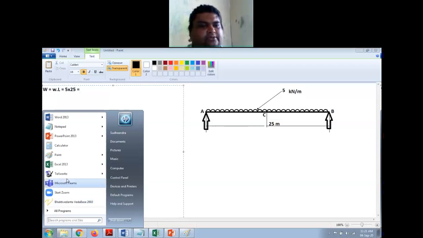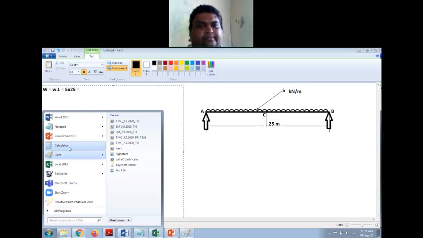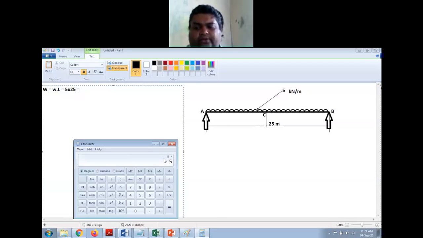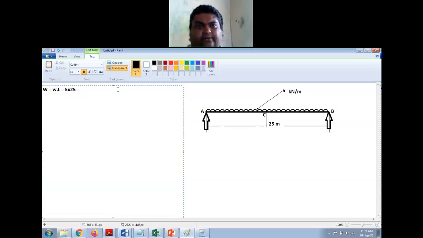So that is 5 into 25, 125 kilonewton, right? Kilonewton per meter into meter, so it becomes kilonewton. So 125 kilonewton force is acting at the center.